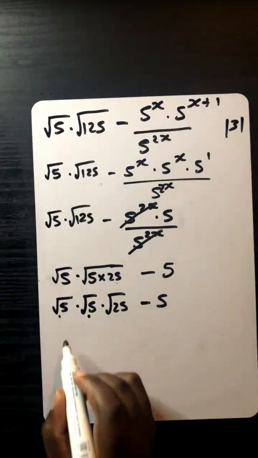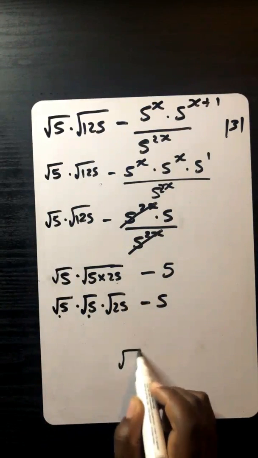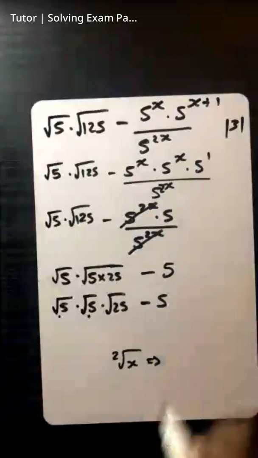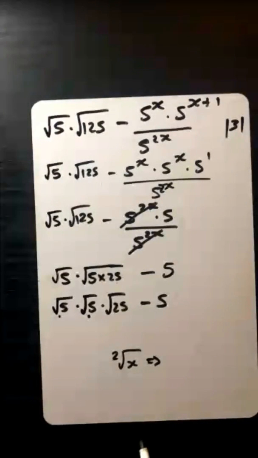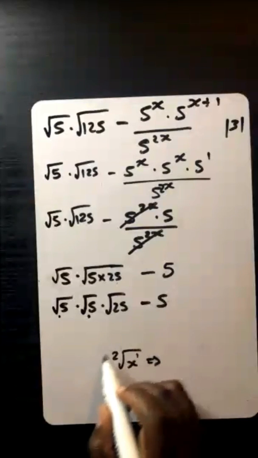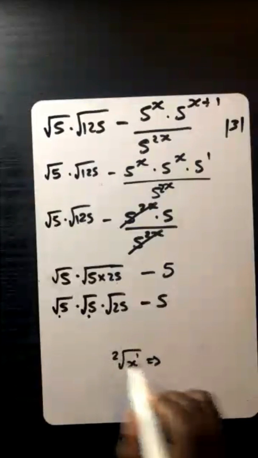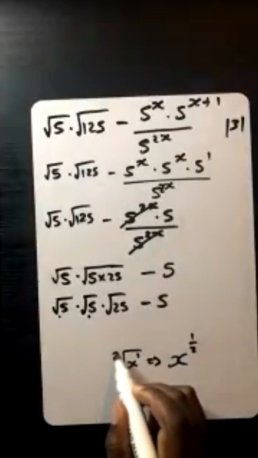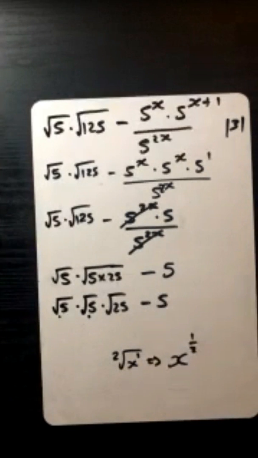So if you remember, square root of x has a 2 over there, which is not necessary to write, just like the 1 over there is not necessary to write. So in its other form this is the same as x to the exponent 1 over 2.